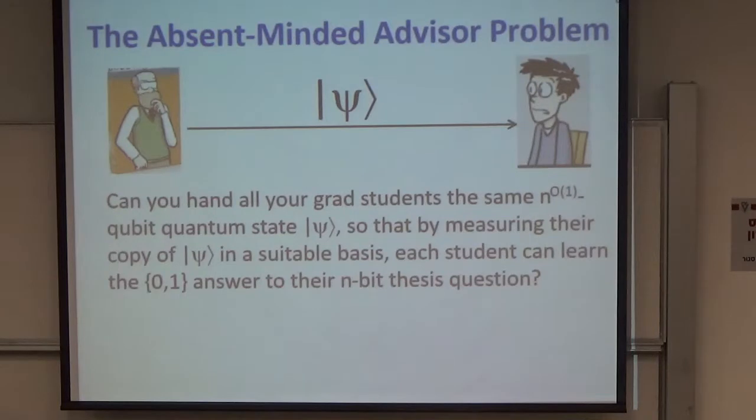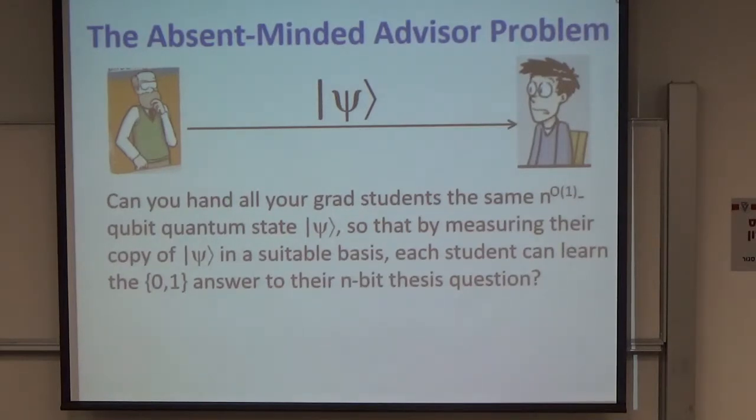We're just asking that this student should be able to measure this n squared qubit state in such a way that they learn the answer to any one problem of their choice, right? So that they learn one of these 2^n bits, of their choice.